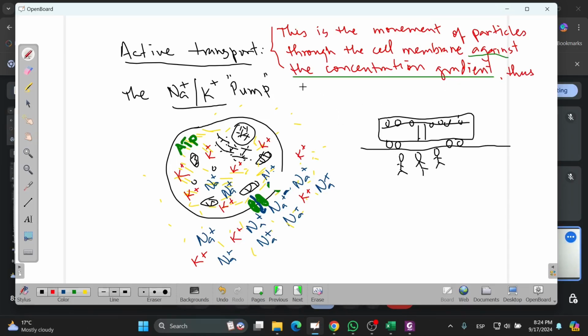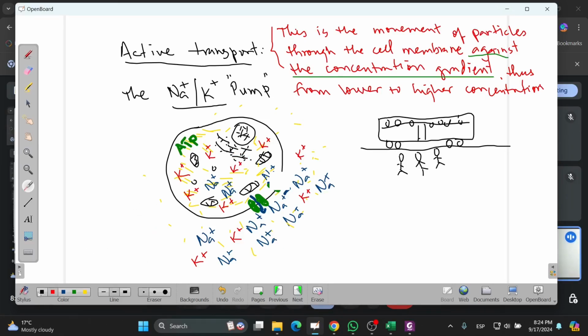Thus, from lower to higher concentration. One example of this is the sodium-potassium pump in our cells.